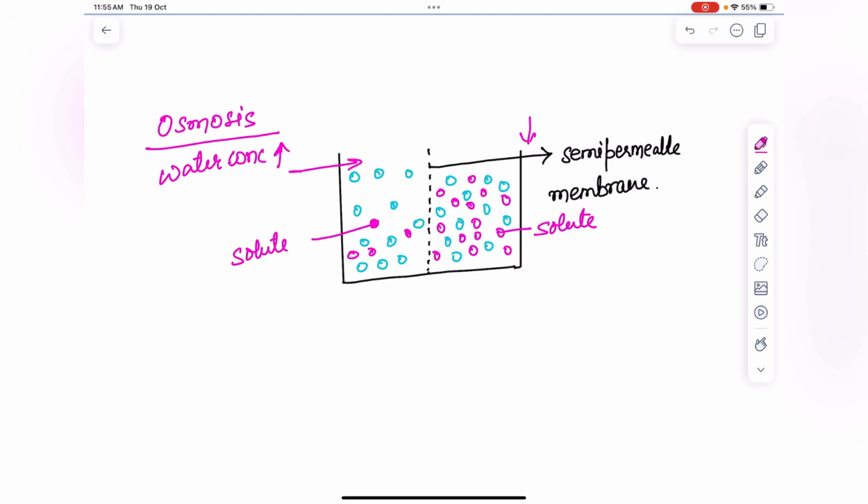So the movement of water molecules will be from the higher concentration to the lower concentration, and this takes place passively.